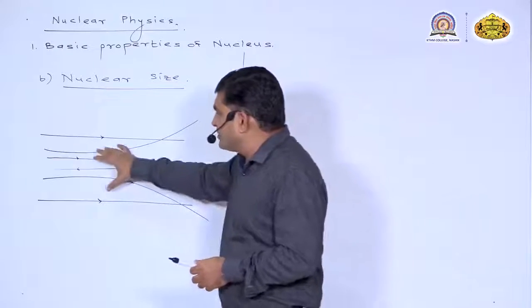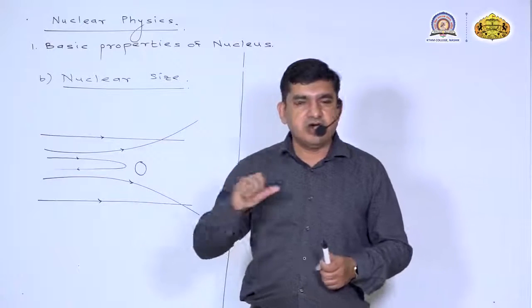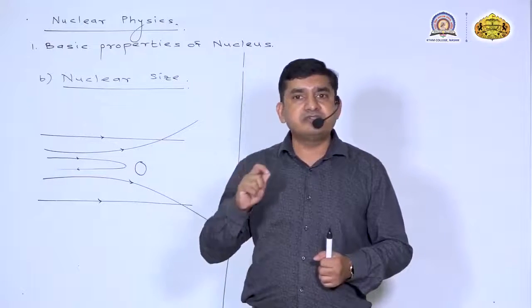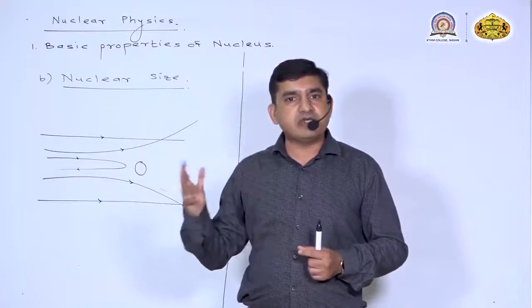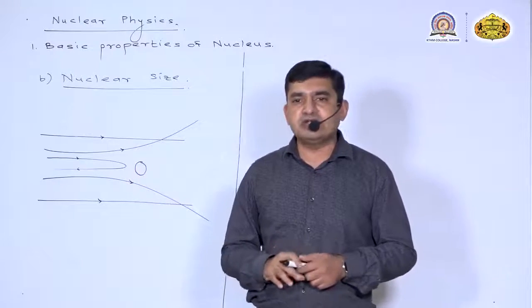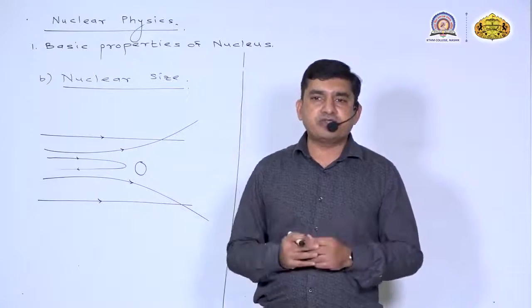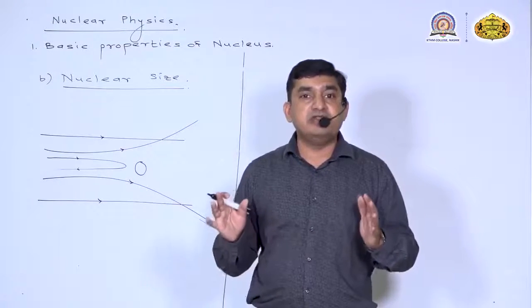Also there is a Coulomb repulsion, because according to Coulomb's law, the force of attraction or repulsion between two charges is directly proportional to the product of the magnitudes of the two charges and inversely proportional to the square of the distance between them.